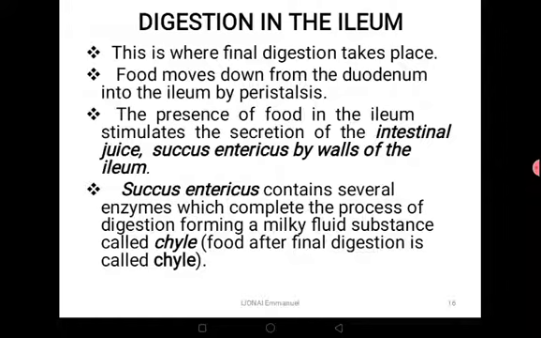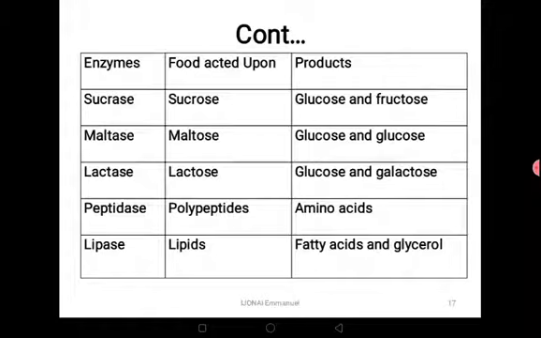This intestinal juice contains several enzymes which complete the process of digestion, forming a milky fluid substance called the chyle. Food after final digestion is called the chyle. Yeah, that chyle is formed now in the ileum.